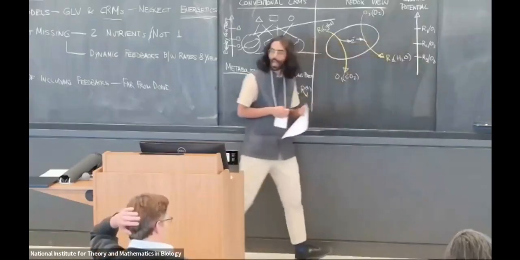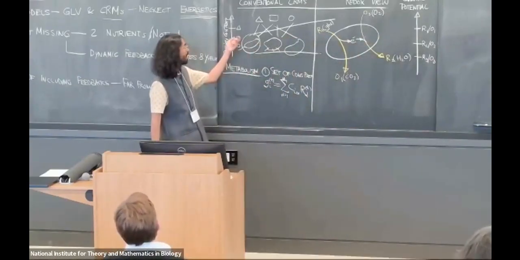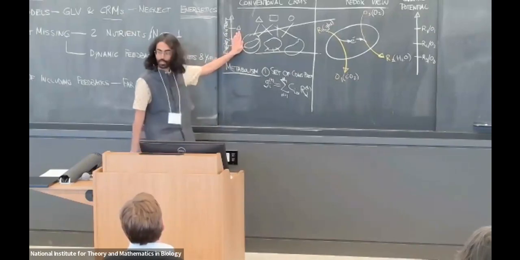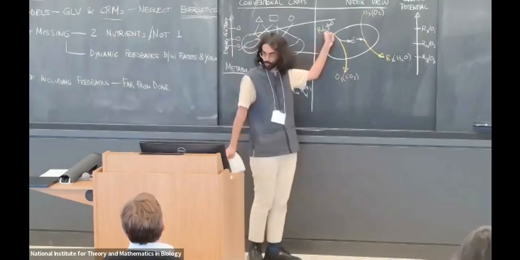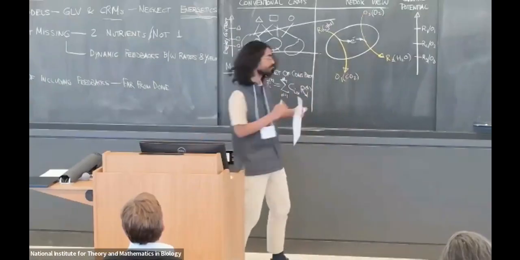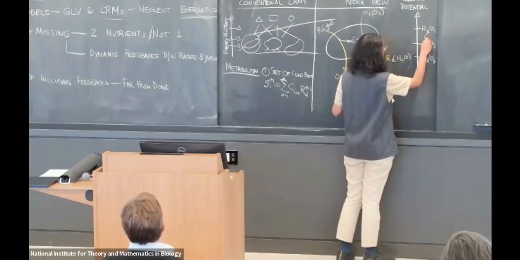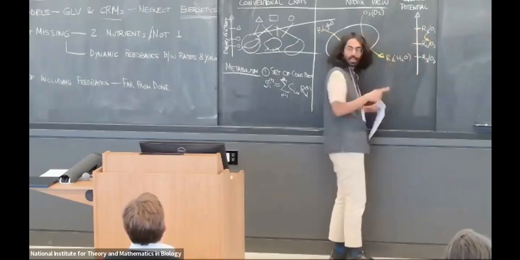And the idea in this picture is very different from this picture. In this picture, you can in principle have just one nutrient, just the triangle, and be able to grow just fine. In this picture, that's not true. The way that you get energy, especially if your growth is limited by energy, is that you couple one of the arms on top with one of the arms at the bottom.